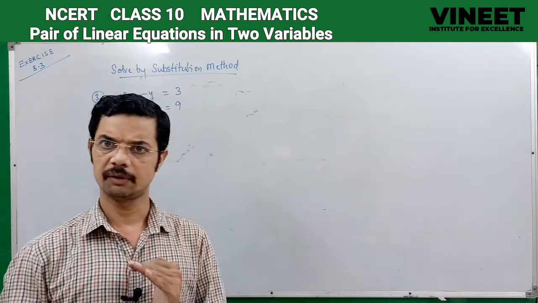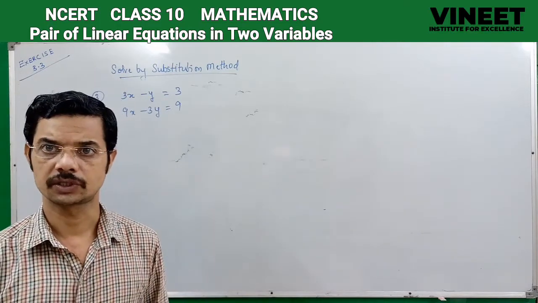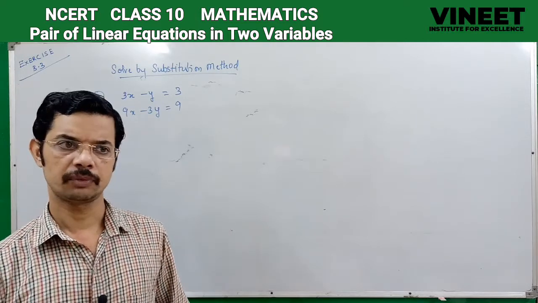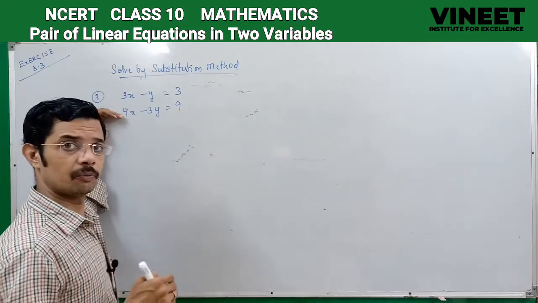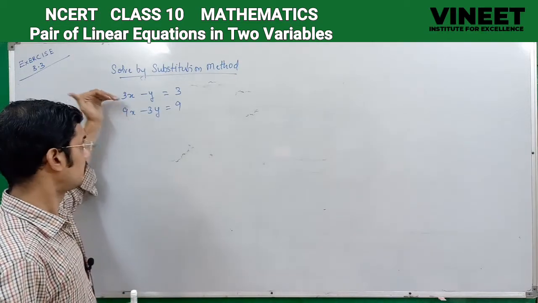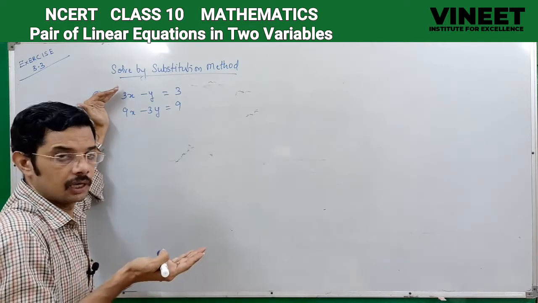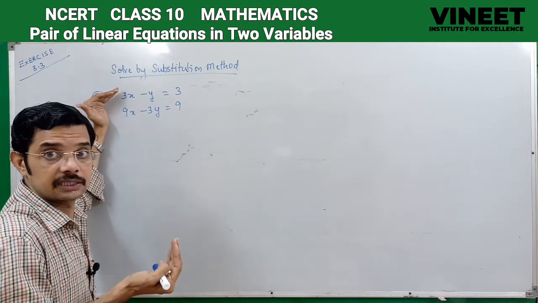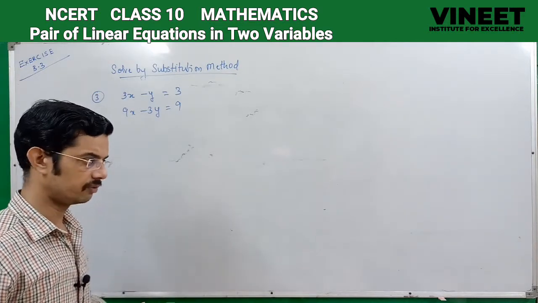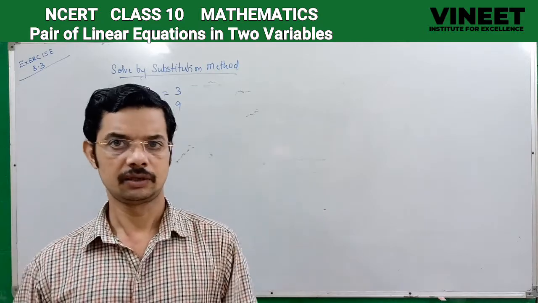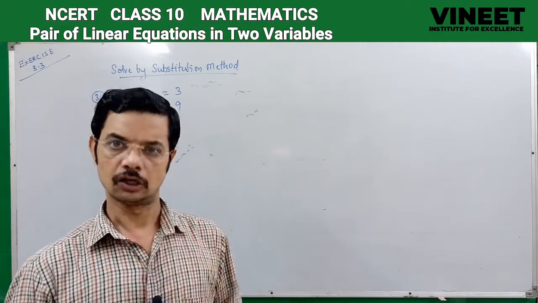See, as I have described earlier, we know that we need to observe the equations first before solving. Just by observation, it is very clear that the second equation can be obtained from the first equation by multiplying any one number, multiplying 3 to the first equation. If that happens, we say that the lines are coincident and it will have infinitely many solutions. So actually we may not be able to solve them by using substitution because there are infinitely many points possible, so you cannot get a unique solution.